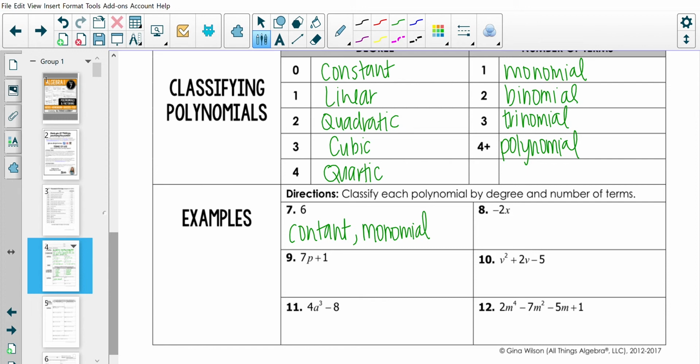If it doesn't have a variable, then it is constant. And if it has one variable. So number 8, what is this one? Linear. And how many terms? Monomial.